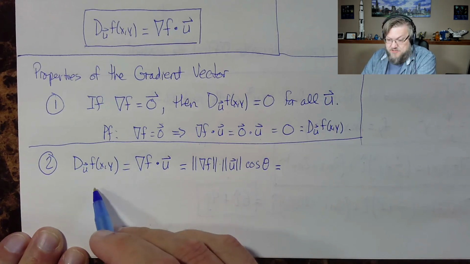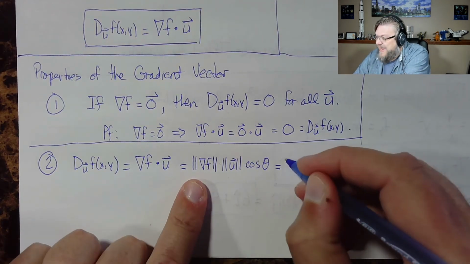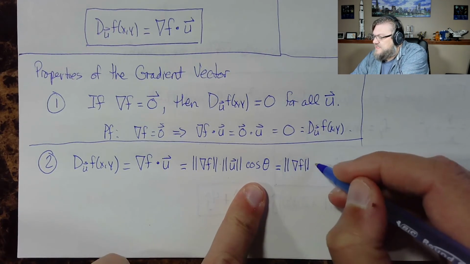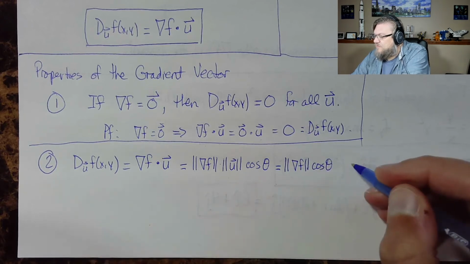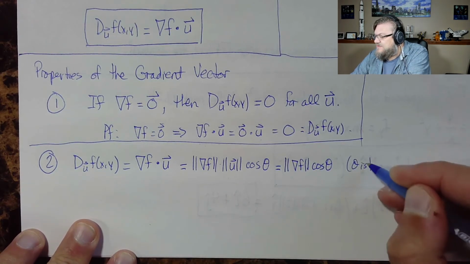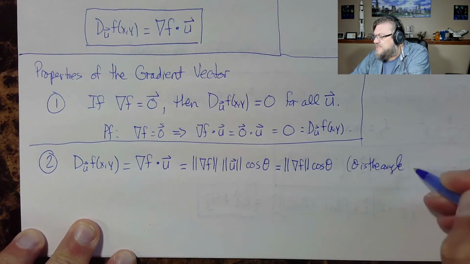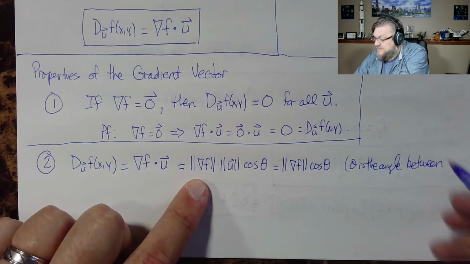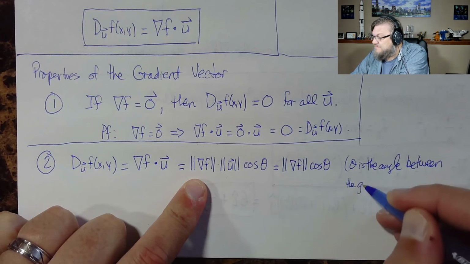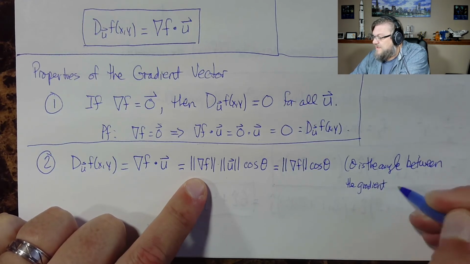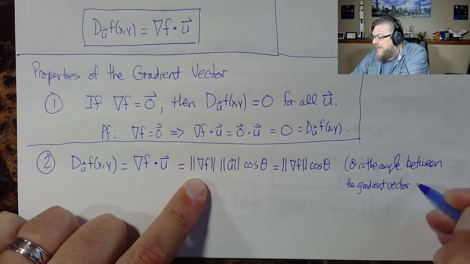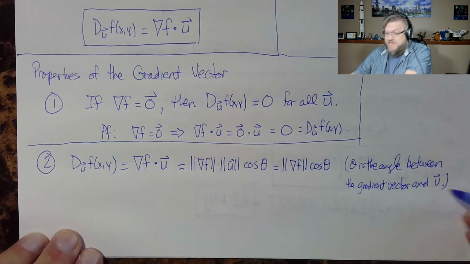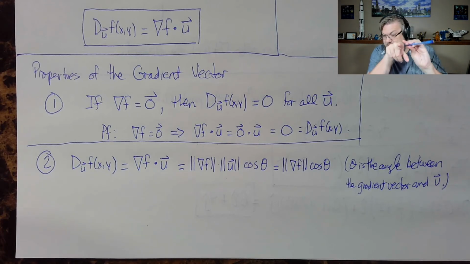So this tells me that the directional derivative is actually the magnitude of the gradient vector times the cosine of theta, where theta is the angle between the two vectors. And what are my two vectors? The gradient vector and u.